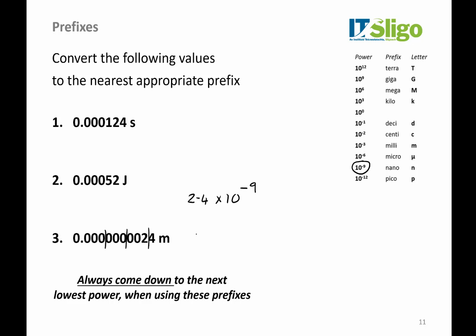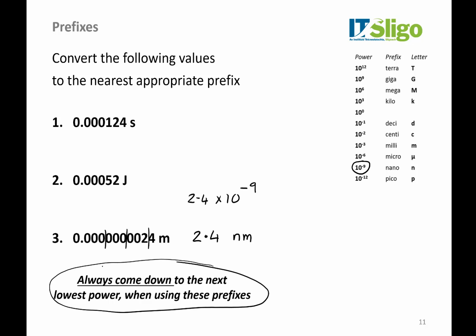So now I've got 2.4 by 10 to the power of minus 9, which is nanometers. So I hope that makes sense, guys. The main thing, always drop down the list to the next available prefix.